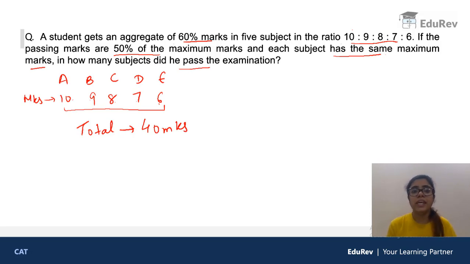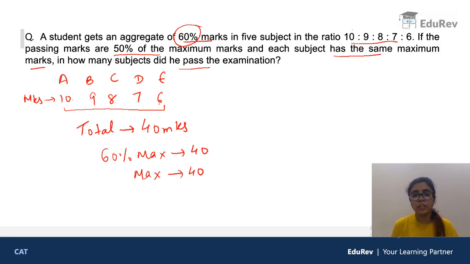But we know he has got 60% of the maximum marks in all the subjects together. So 60% of my maximum marks is 40. So if I ask you what is the maximum marks, it will be 40 upon 60%.